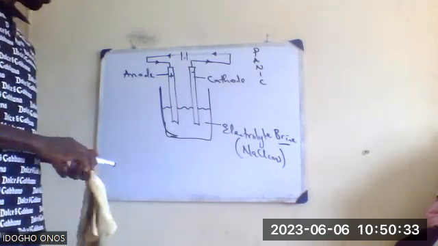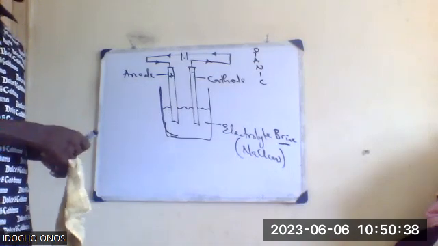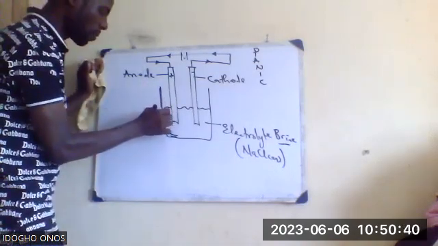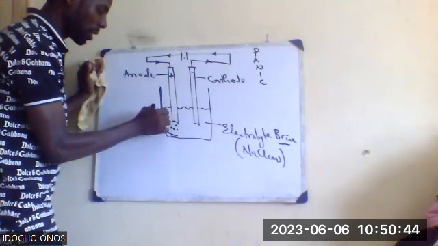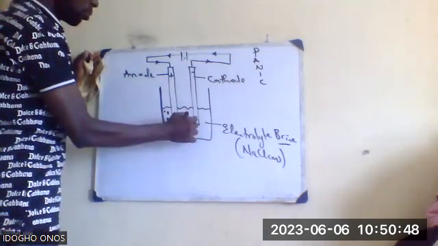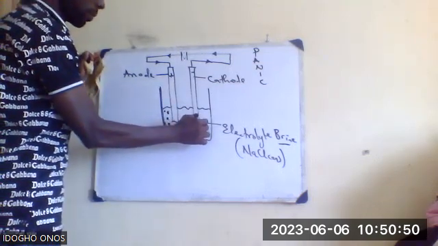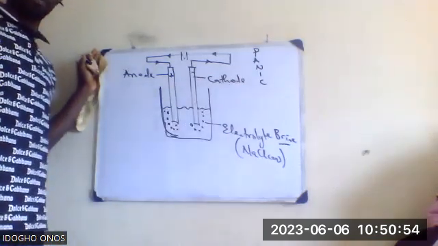The product at the anode is chlorine gas. So you'll see bubbles coming from here. If you do it, you'll see bubbles. Then for the cathode, you also see bubbles of hydrogen gas around this.